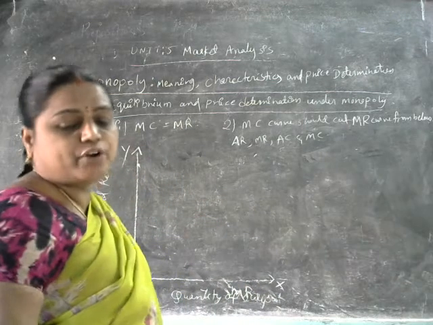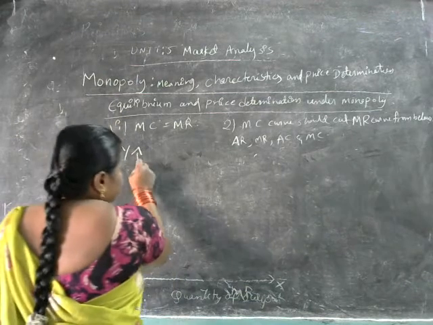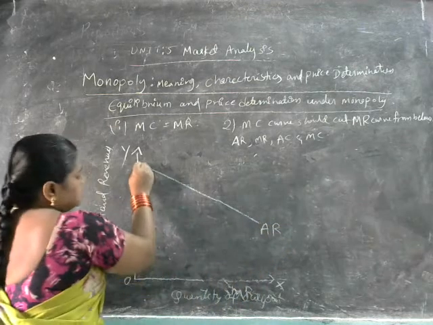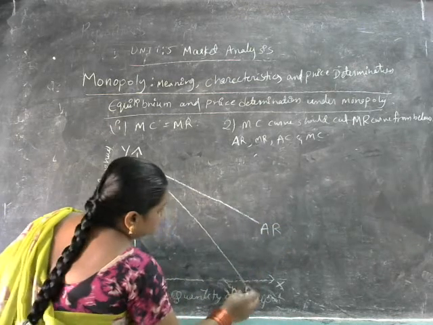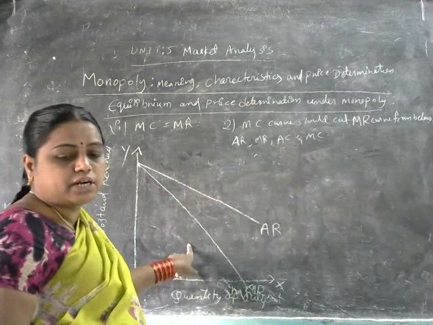First of all, we are going to draw the average revenue curve and the marginal revenue curve. This is the average revenue curve, and this is the marginal revenue curve.